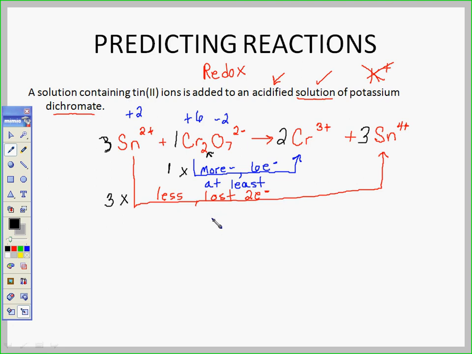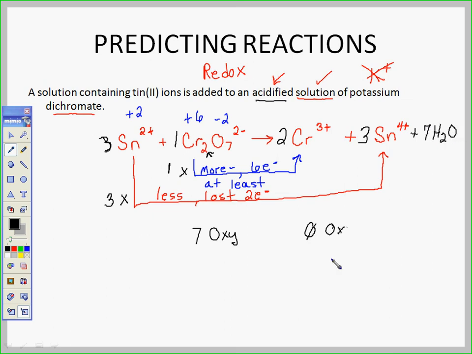At this point, I have to balance my oxygens. I have 7 oxygens on my reactant side. I have 0 oxygens on my product side. And again, since we are in an acidic solution, I balance deficient oxygens with water.